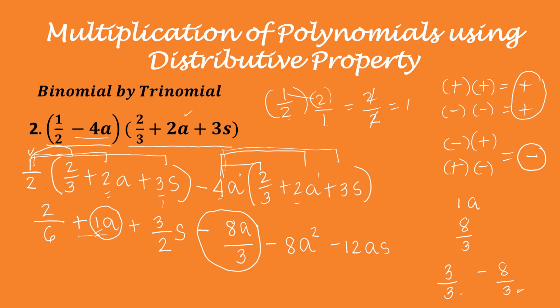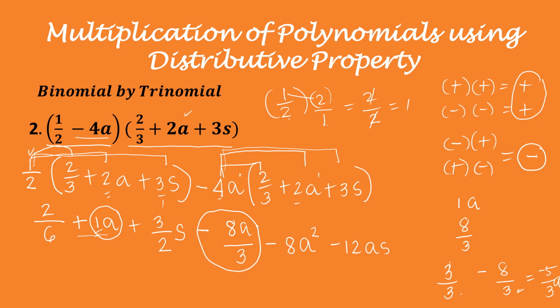So we are not changing the value of 1. It's still the same as 3 over 3. By this time, we can now combine the numerators. The 3 minus 8 will give you a negative 5. Then copy the denominator. So that is negative 5 thirds. And then you have to attach the a there.